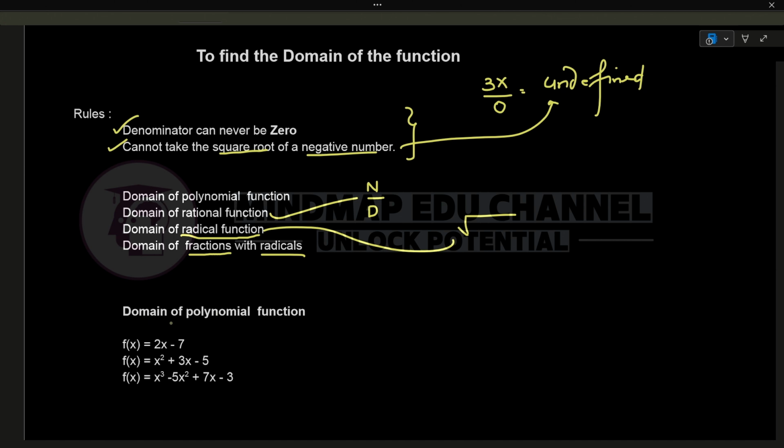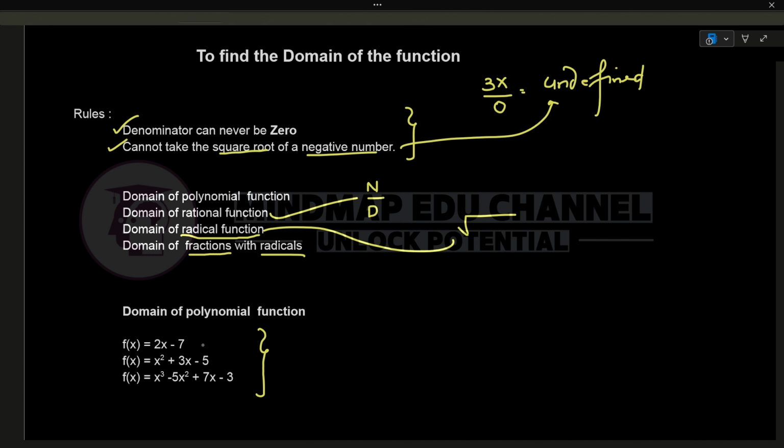Now, how to find the domain of a polynomial function? Here are a few simple polynomials. Whenever you see a function given to find the domain, check the first rule, that the denominator cannot be 0. Here, we don't have any denominator, so you don't have to worry about the first rule. Now, check the second rule. Is there any square root given?